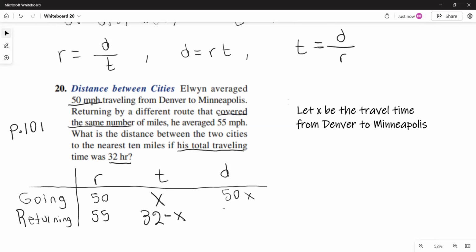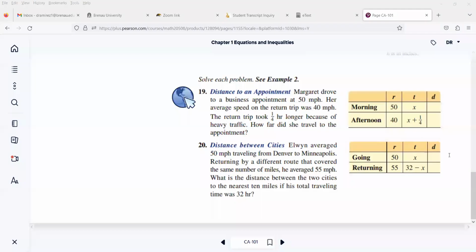The distance is either 50X or 55 times 32 minus X. So in the book, they give you this table, and actually, I finished the table, but the problem comes with this table already. That 32 is because the total travel time was 32 hours. So X from Denver to Minneapolis and 32 minus X from Minneapolis to Denver.